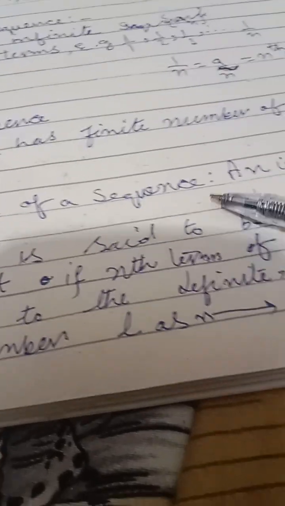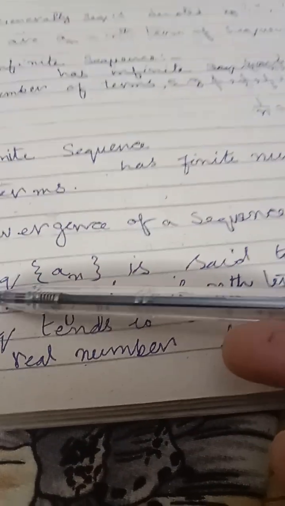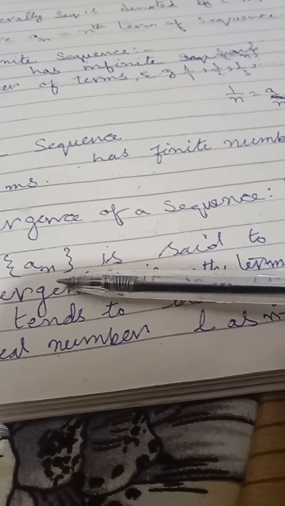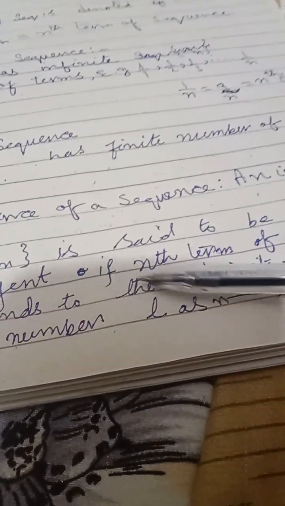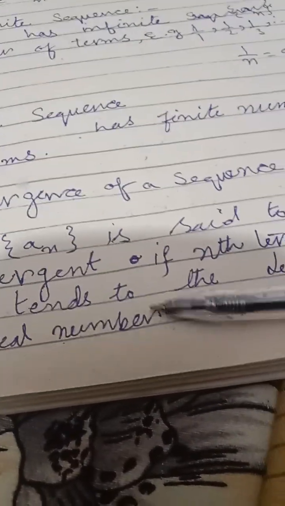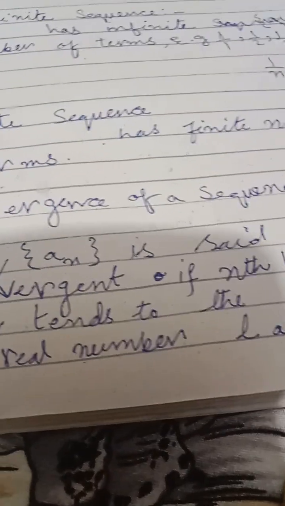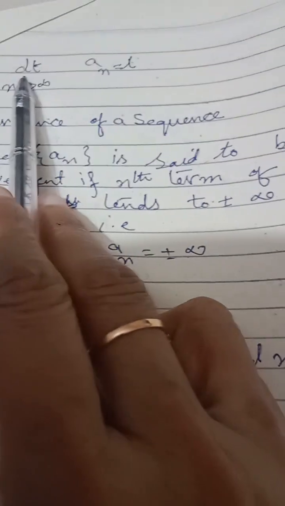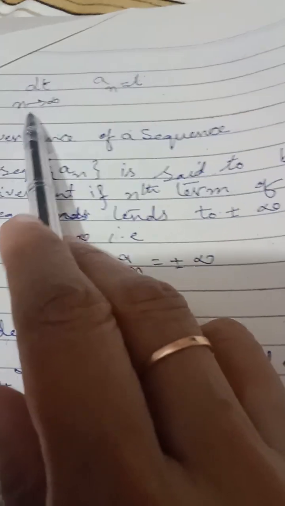Convergence of a sequence. An infinite sequence an is said to be convergent if the terms of the sequence tend to a definite real number L as n approaches infinity, that is, the limit as n approaches infinity of an is equal to L, a constant.